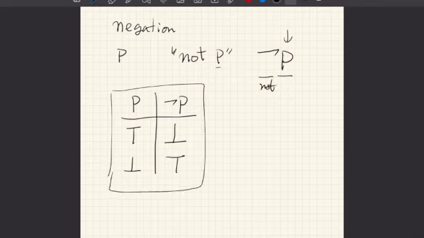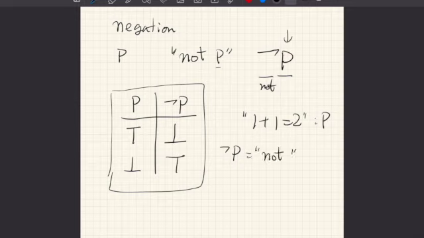Again, for example, we have 1 plus 1 is 2. Let's say this is P. So not P means not 1 plus 1 is 2.